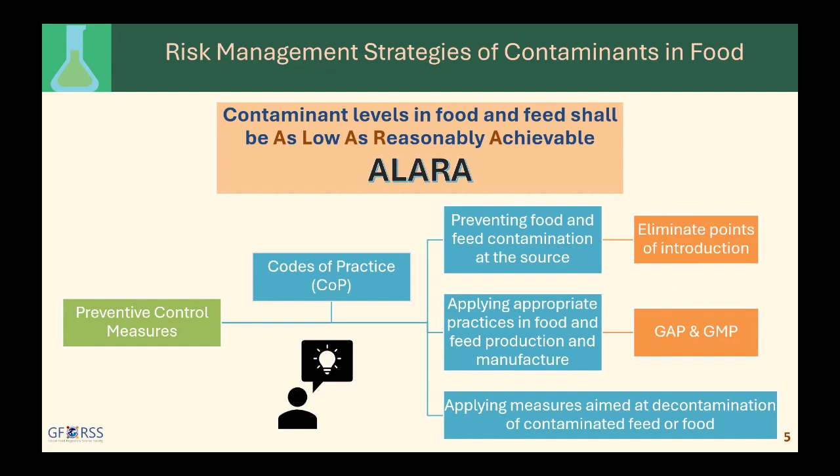Okay, so that's my code of practice, and I will give you a practical example. So here, let's try to eliminate points of introduction. If we could eliminate our point of introduction, let's try to do that. For example, instead of planting the crop near an industrial area, let's forbid this. If you want to plant those crops or trees or etc., do it far from an industrialized area.